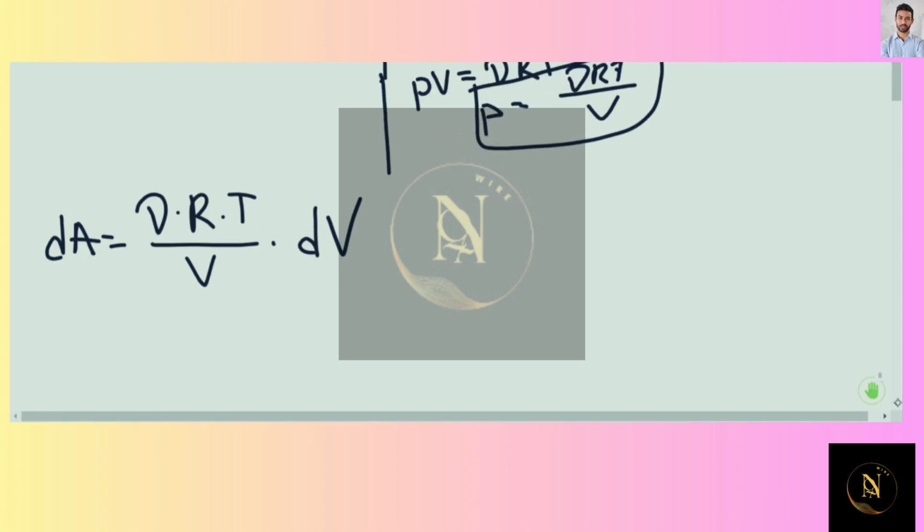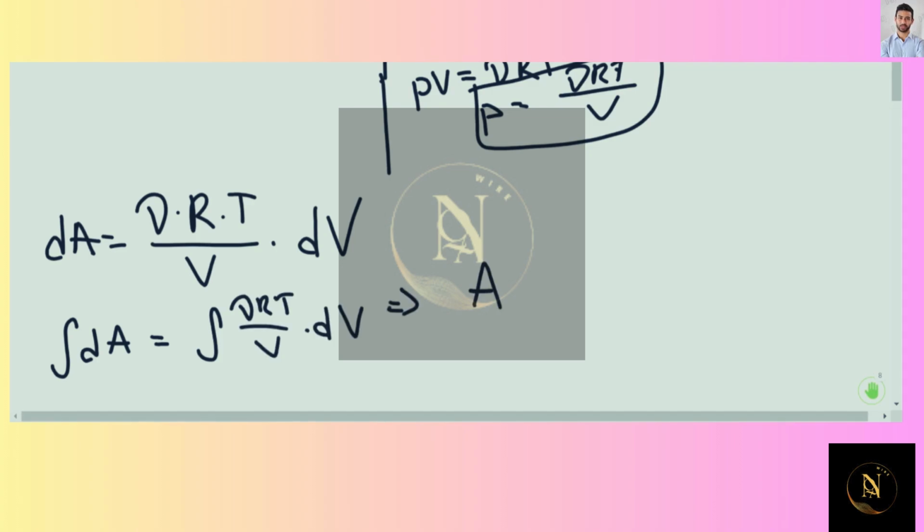So we take an integral of dA, which equals the integral of nu RT over V multiplied by dV. And if we look at the work done for the gas to change from state 1 to state 2, A equals the integral of nu RT over V dV from the initial volume to the final volume.